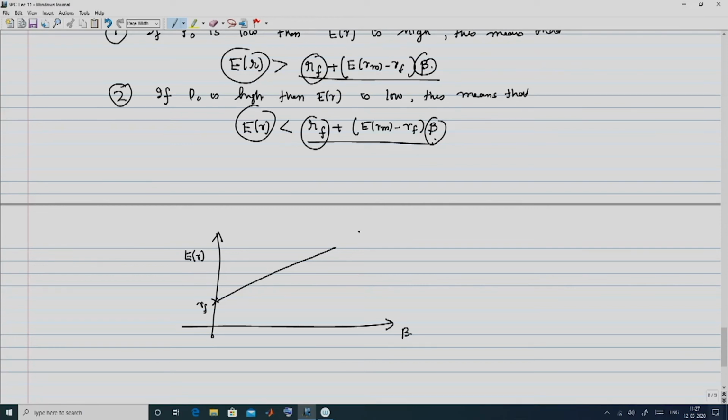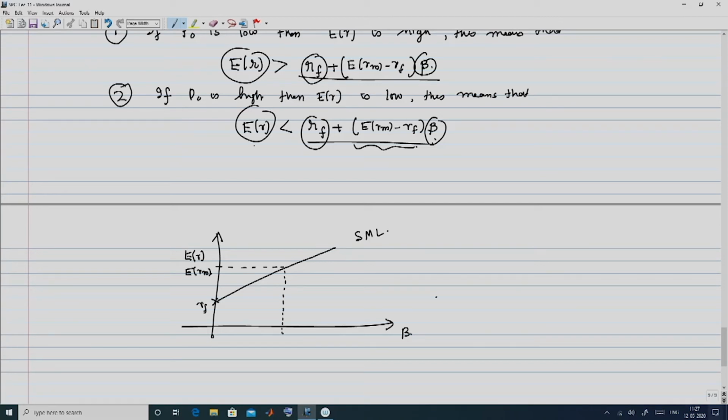This is what is known as the SML. So, here I will have E of RM. So, this point here is when E of R is E of RM.